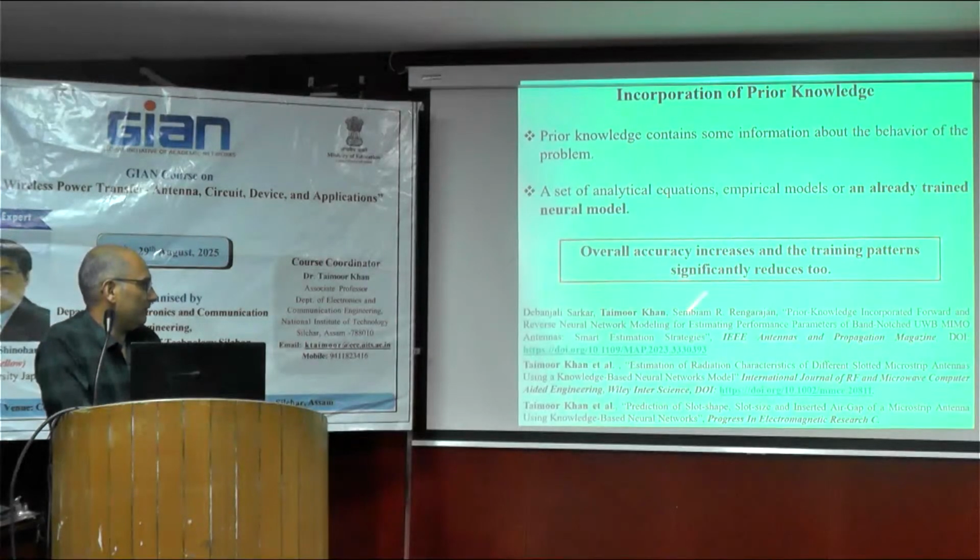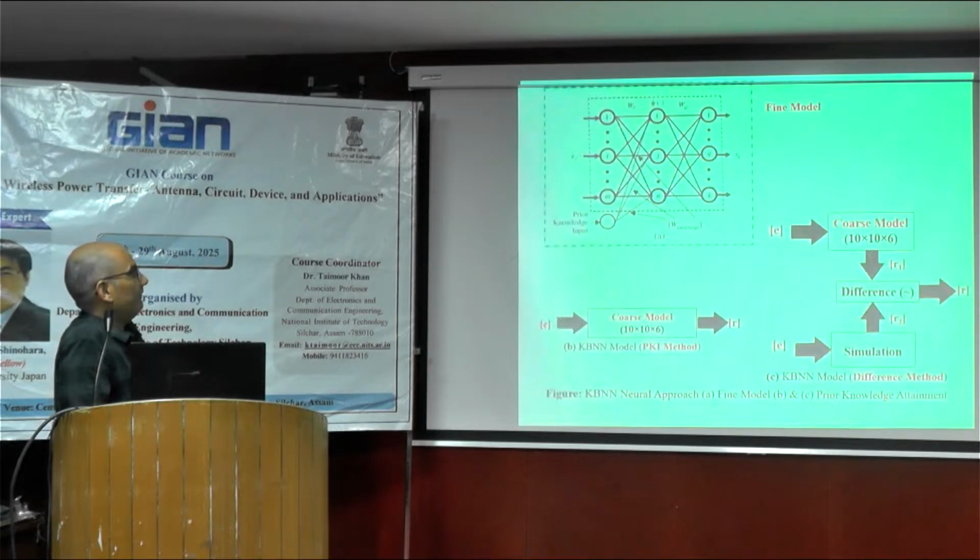Here we have three works on prior knowledge incorporation in the existing model that you can refer to if you are interested. The same model structure, with a different number of inputs and outputs. This additional neuron is incorporated here in the hidden layer, which we call the prior knowledge input.